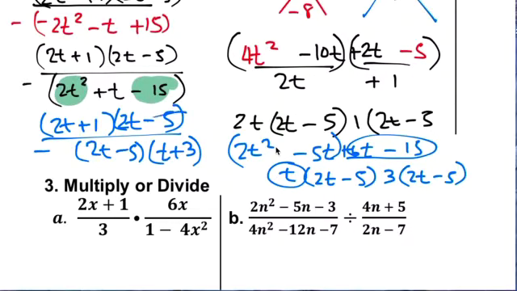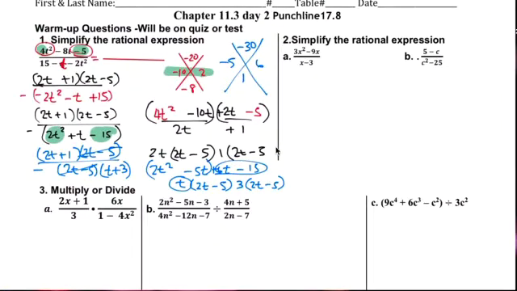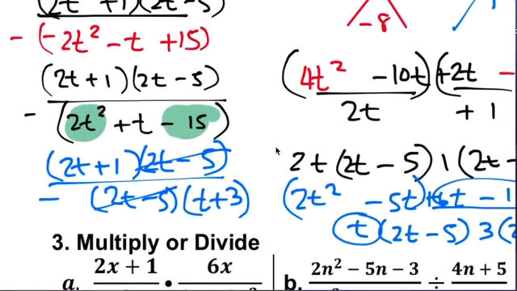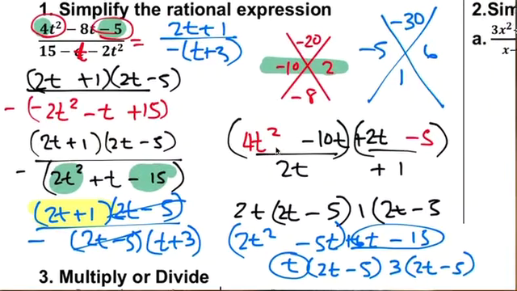Okay, cancel, cancel. So there goes your answer. Oops, I'll erase this. Your answer is 2t plus 1, all over negative t plus 3. Okay?